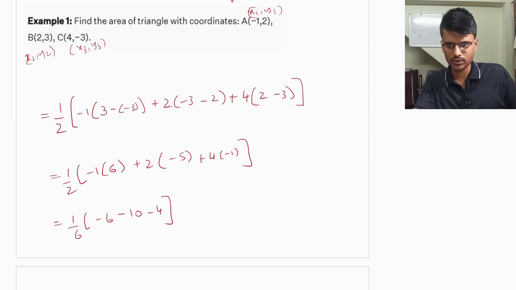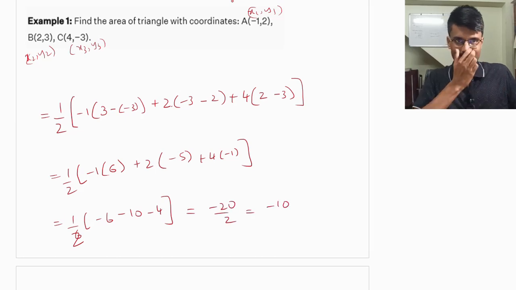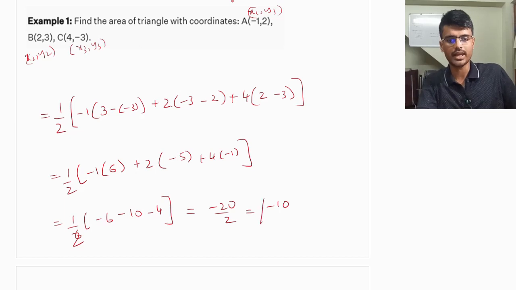So this is nothing but 2 minus 20, right? 6 minus 20 by 2 is equal to minus 10. But as this is area, we just need to take the absolute value here. The absolute value is 10, right? Just ignore the minus sign. Whatever is there, we have to take it positive, because for area we are taking the absolute value.